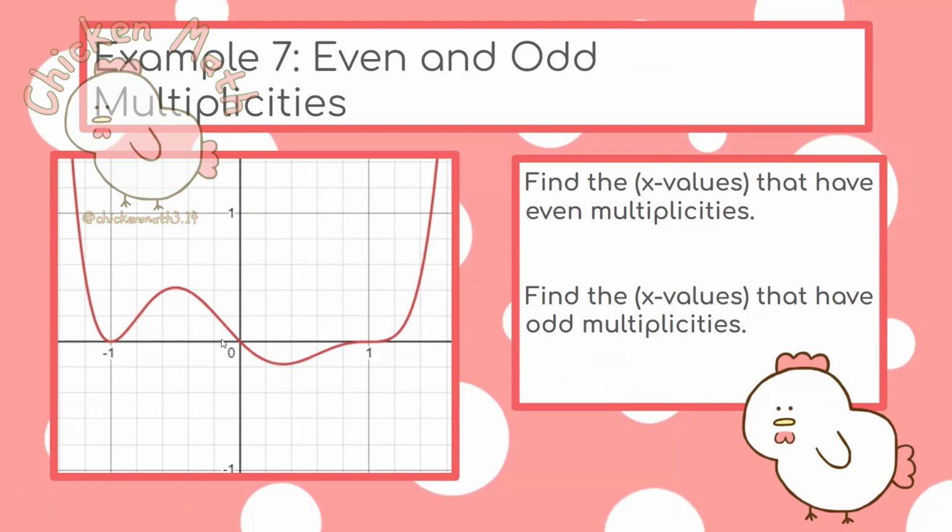So right here, we have this graph, and we have zeros at -1, 0, and 1, because that's when it's touching the x-axis. So right here at -1, it bounces. Our function goes down, bounces, then goes up, decreases, bounces, increases. So therefore, this zero will have an even multiplicity.